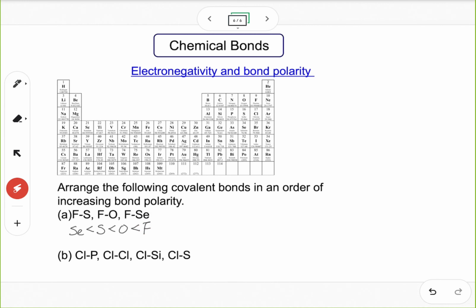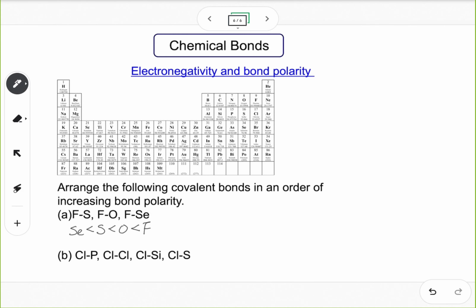Therefore, delta EN for sulfur-fluorine is going to be larger than the delta EN of oxygen and fluorine. Same idea for selenium and fluorine, because they are on the two sides of this order. The electronegativity difference between selenium and fluorine would be quite high, higher than the other two pairs.